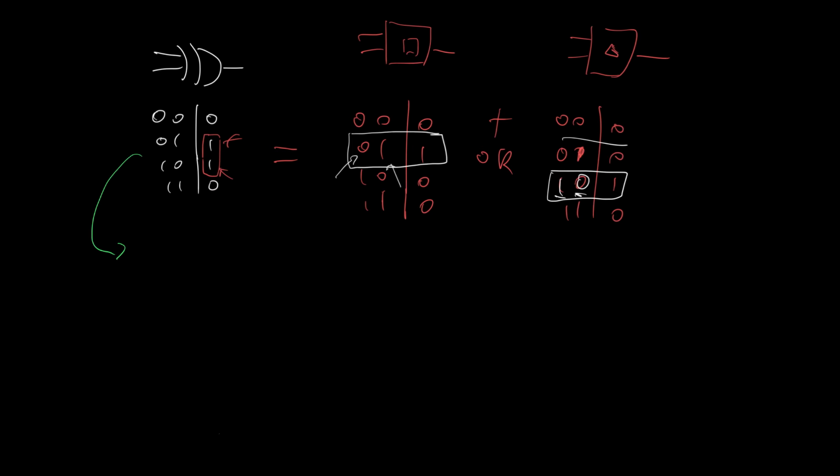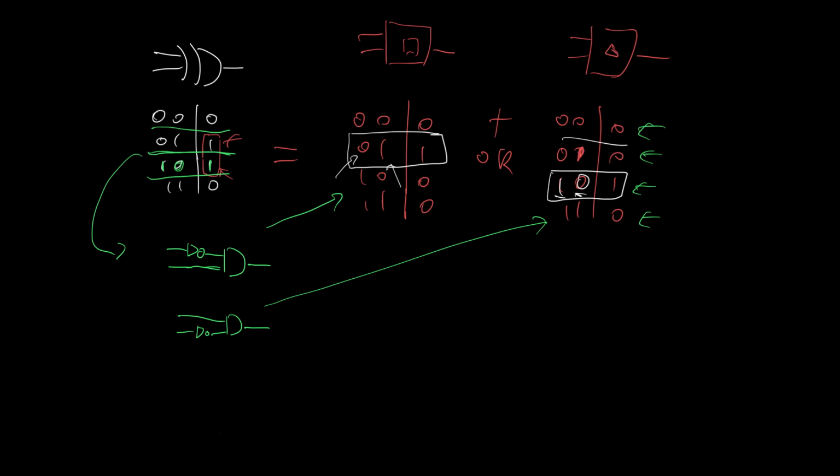The second input needs to be a 0 if the output's a 1, so therefore I put that through an inverter. And now I have a logic gate here that's implementing this truth table over here. It's going to be a 0 except when the input is 1, 0. Because if the input is a 1, 0, then 1 goes through here, 0 gets inverted to become a 1, and 1 and 1 is a 1.